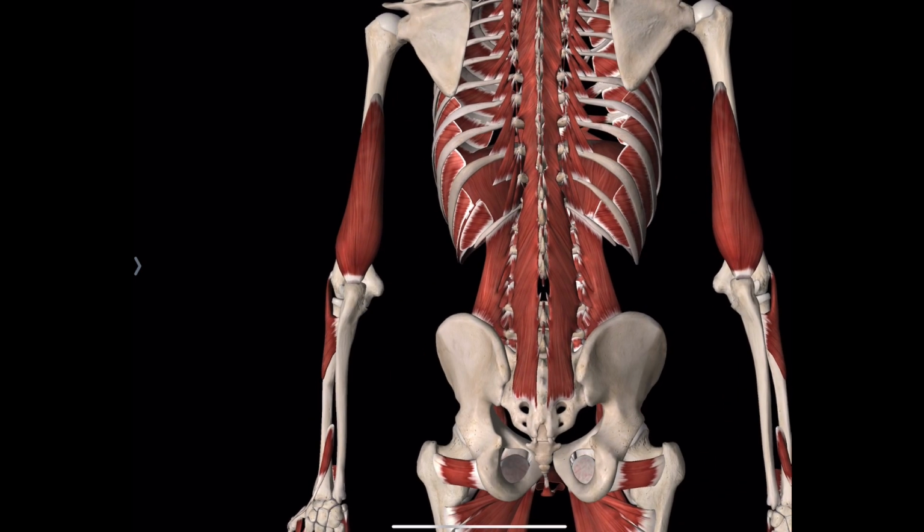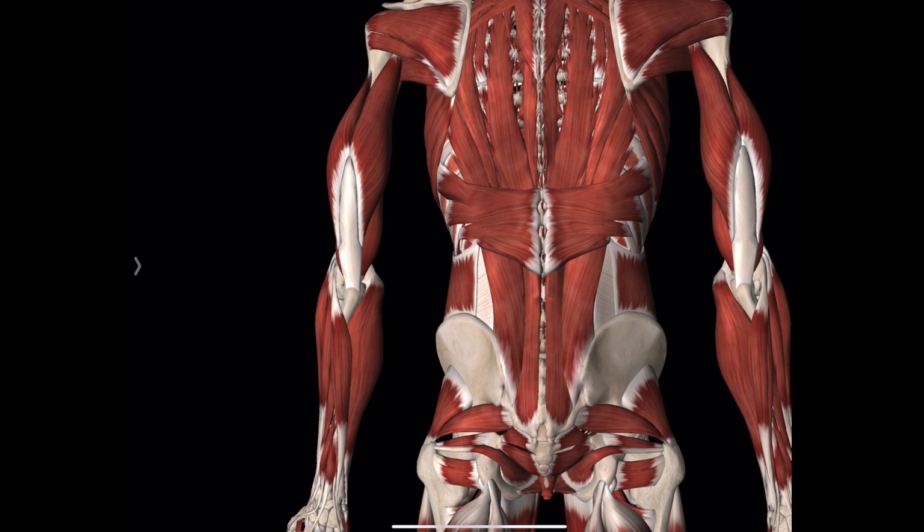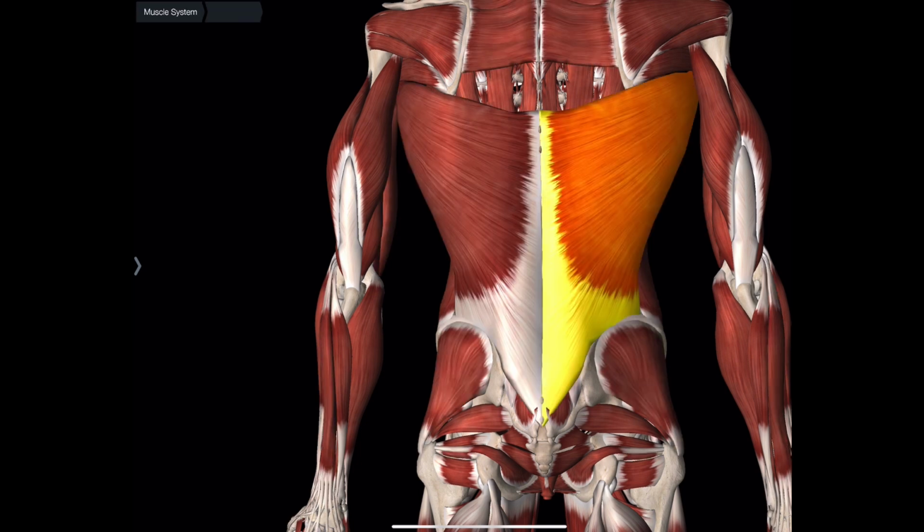So when you think about adding all the layers of muscle here, and then the lats, these big muscles here, and the thoracolumbar fascia right here, yes, there is a lot of potential for stabilization around the lumbar spine.